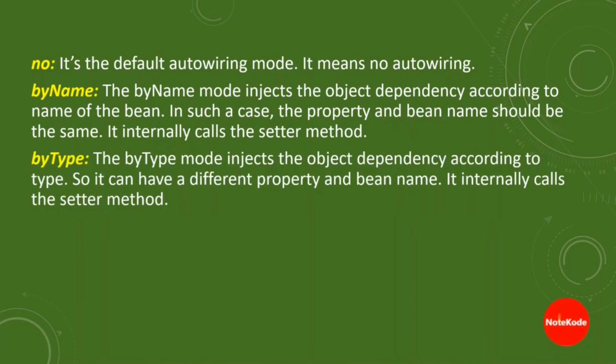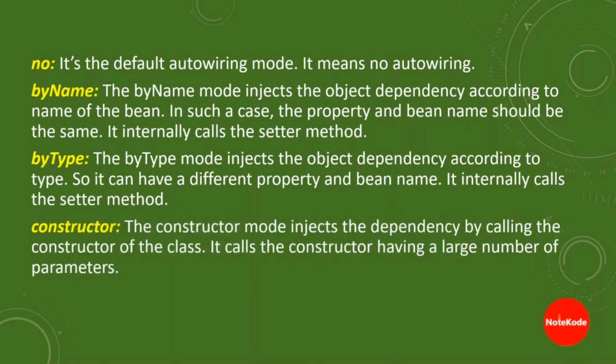By type. The by type mode injects the object dependency according to type, so it can have a different property and bean name. It internally calls the setter method. Constructor. The constructor mode injects the dependency by calling the constructor of the class.